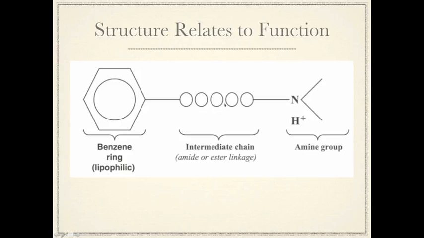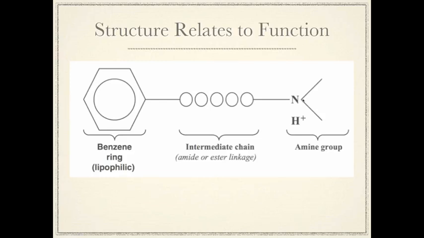Now moving to the middle, there's this intermediate chain which links the benzene to the amine group, and this chain defines whether the local is an amide or an ester. Now over here we have the amine group, which tends to be a tertiary amine, and this makes the anesthetic a weak base.